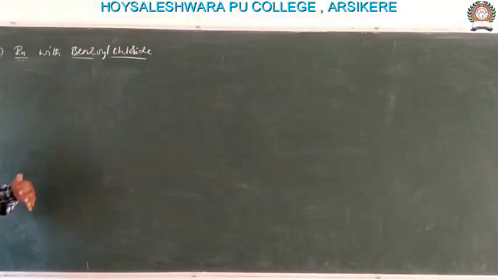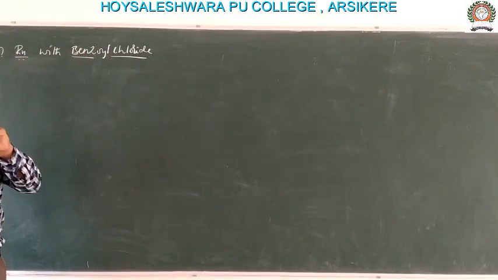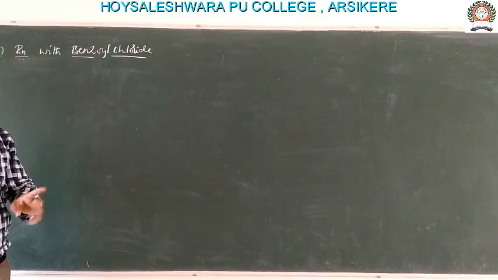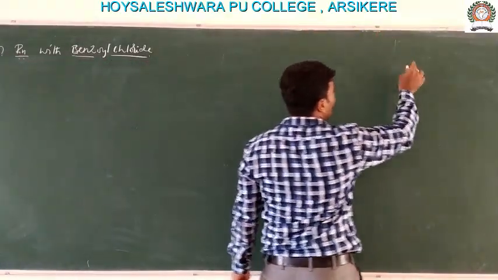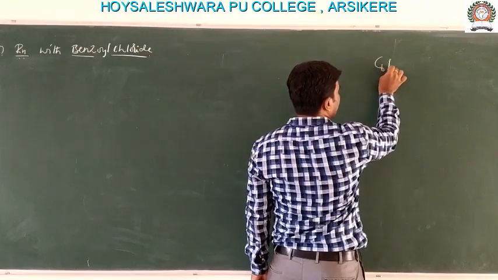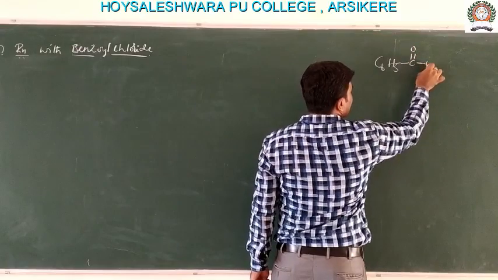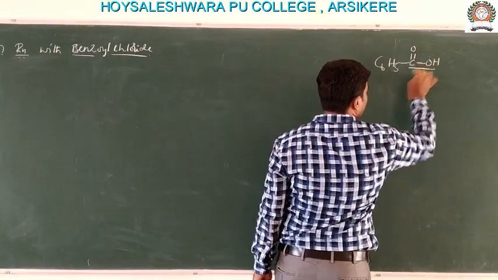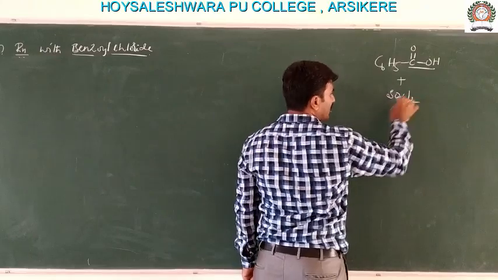Next reaction is reaction with benzoyl chloride. See, it is benzoyl, not benzyl. See, benzoyl chloride is obtained by reacting benzoic acid, that is C6H5COOH, carboxylic acid, with any of the chlorinating agents.